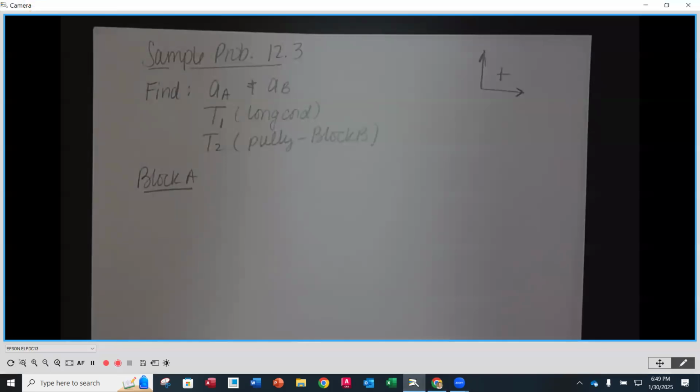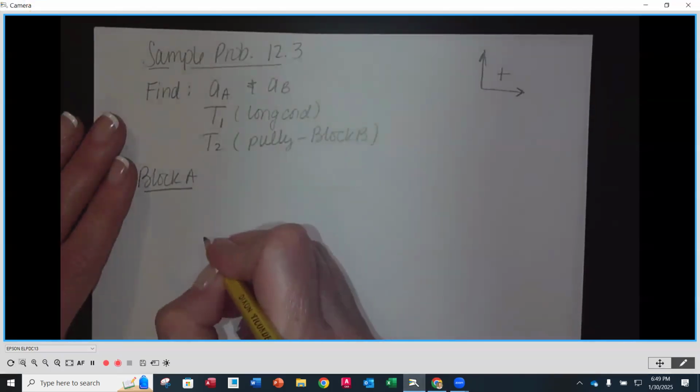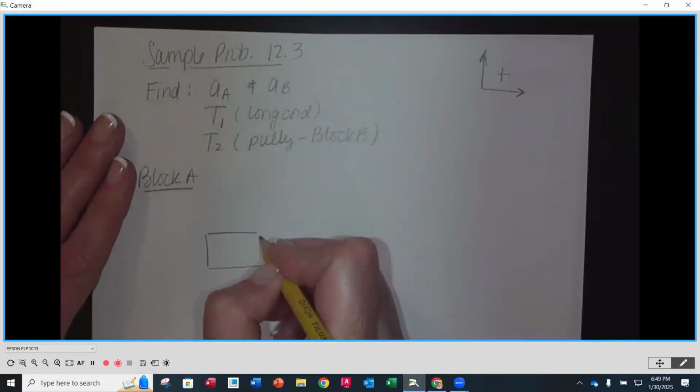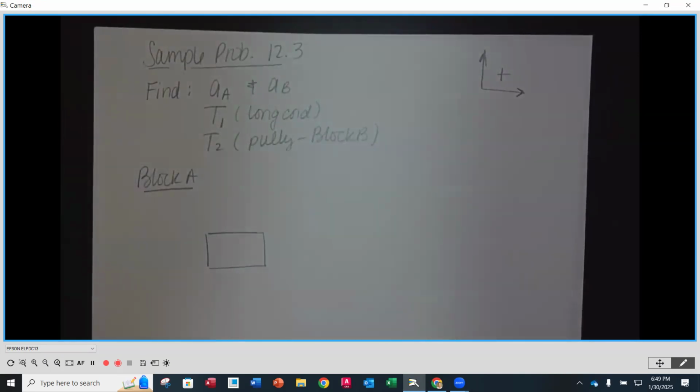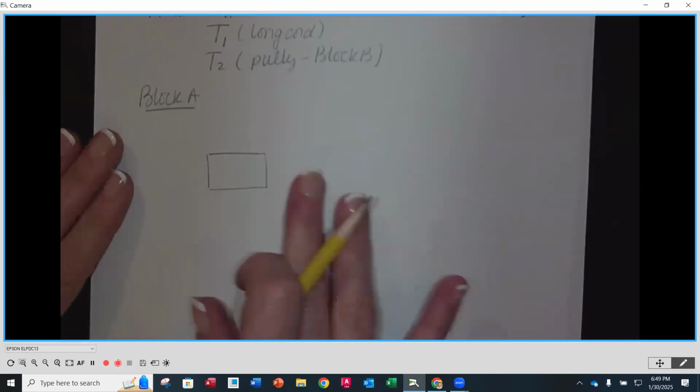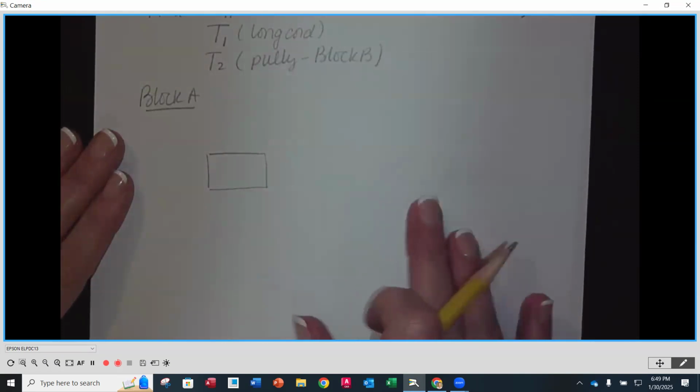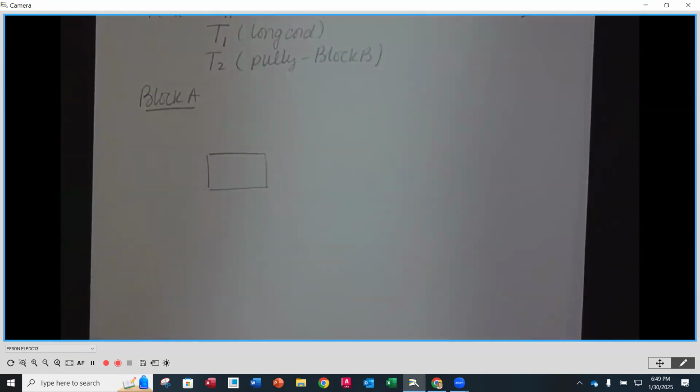Okay. So I'm going to draw block A. And I'm going to draw this one over on the left-hand side. So don't put it in the middle, because we're going to do the sum of the forces is equal to the mass and the acceleration over here. So we want to keep this on the left-hand side of your paper.